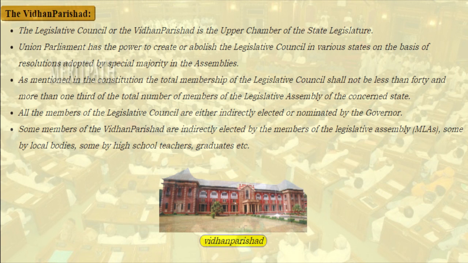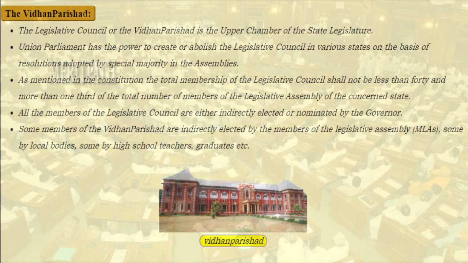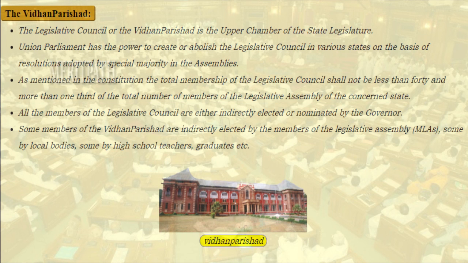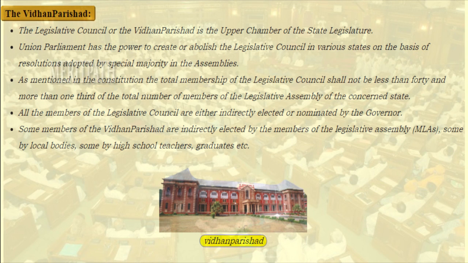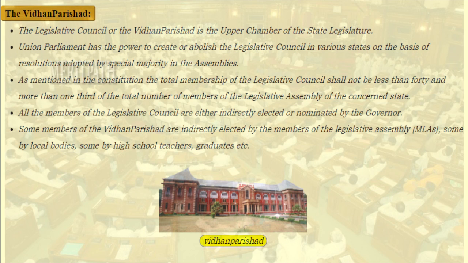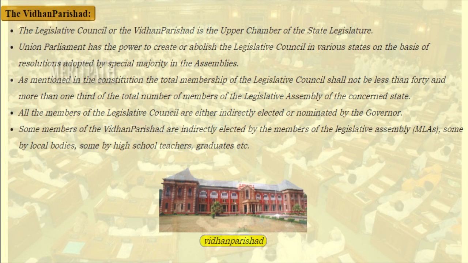So the upper chamber will have not less than 40 members, and not more than one third of the total members elected. All the legislative council members are indirectly elected or nominated by the governor.